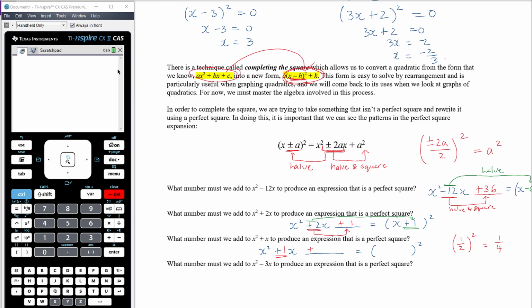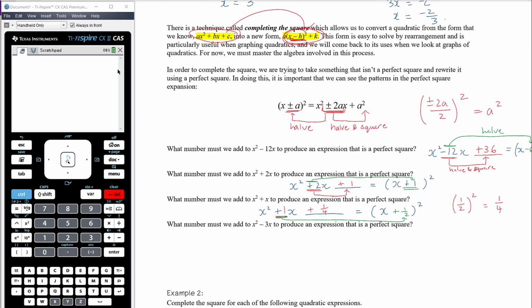So if we add 1/4 onto here, that's now a perfect square. x squared plus x plus a quarter is a perfect square. And when we write it as a perfect square, we take that positive 1 and we halve it, which will make it plus 1/2. So we're going to have x plus 1/2 all squared.